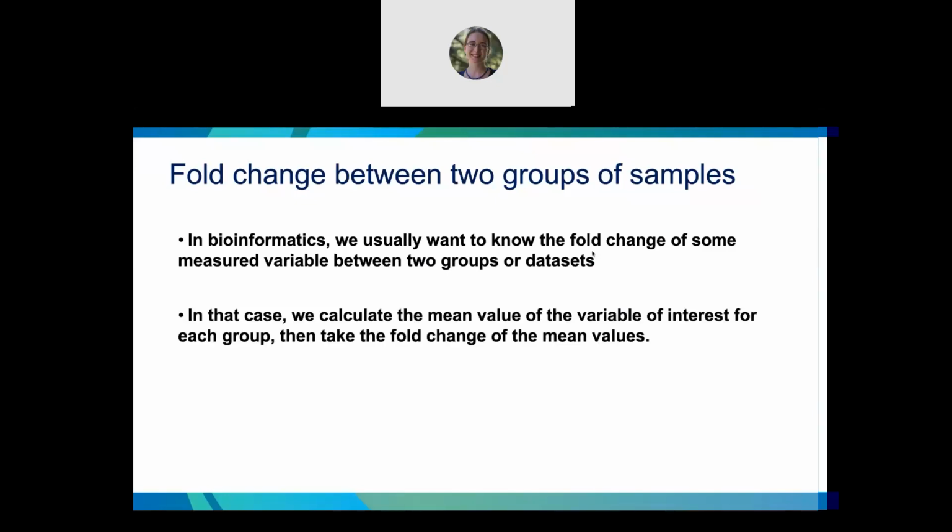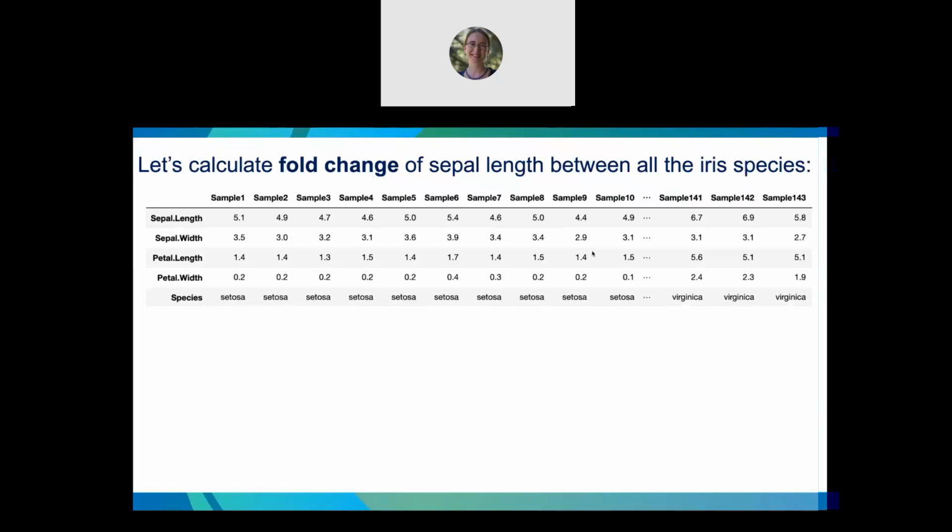In that case, what we do is calculate the mean value of whatever the variable of interest is, the sepal length or some gene, for each group, and then we take the fold change of the mean values. For example, we could calculate the fold change of sepal length between all of the pairwise iris species comparisons.